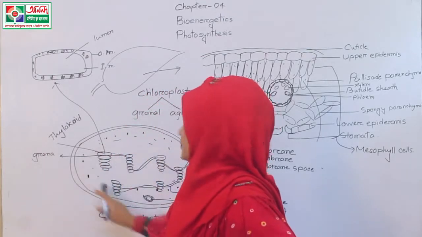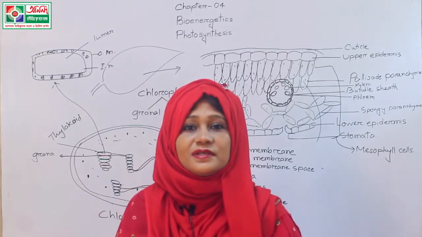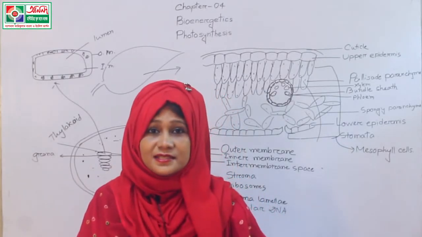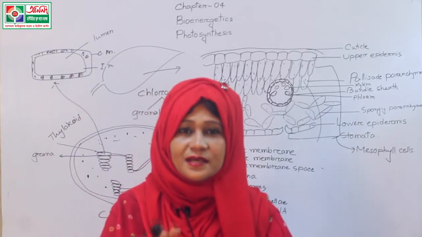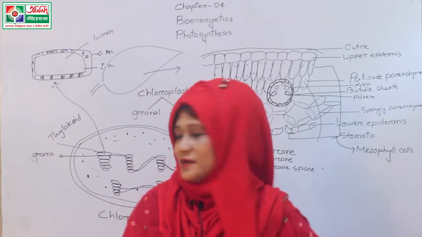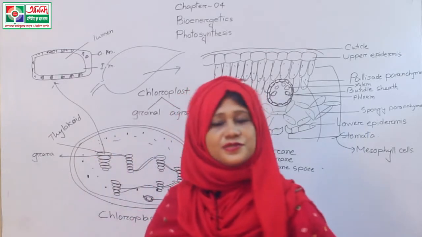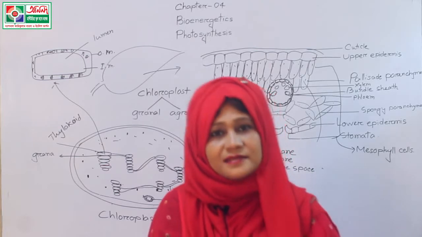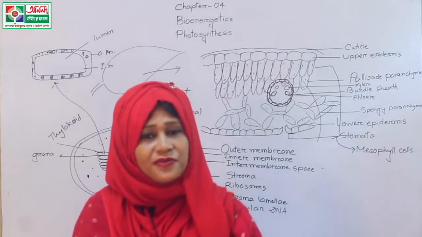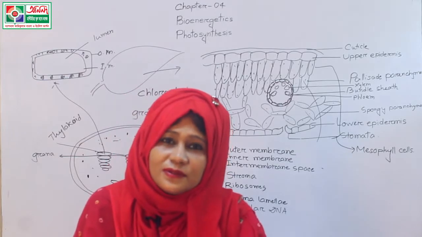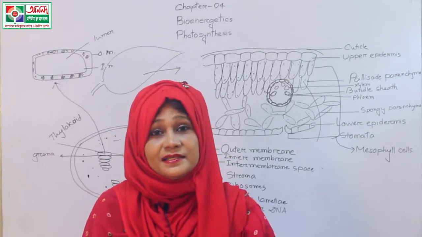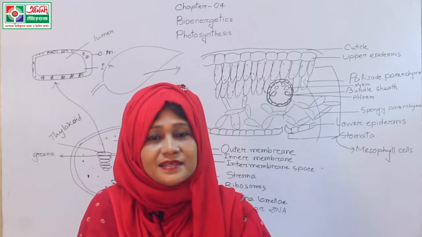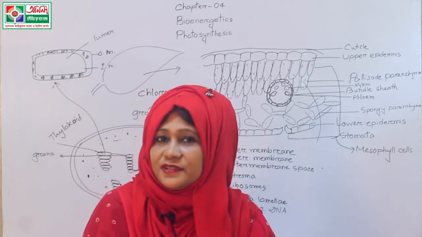And the stroma is the site of dark reaction because the necessary enzymes for dark reaction are present in the stroma. So this is the site of dark reaction. Dark reaction is also known as the light independent phase. It is also known as the C3 cycle or Calvin cycle.